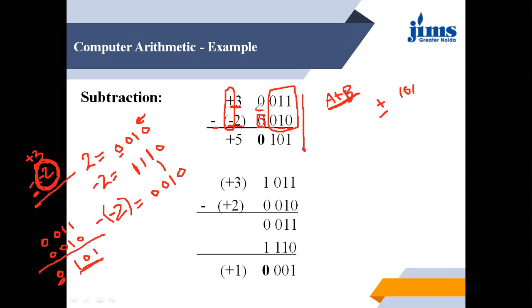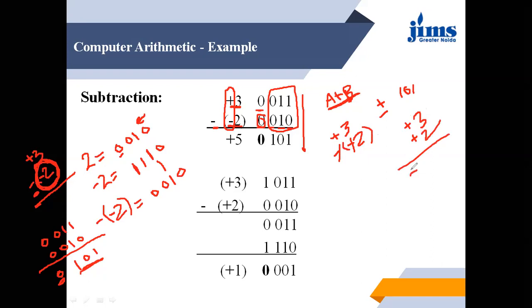From here also you can see that we are doing +3 minus -2, and we know that minus minus becomes plus. So the minuses cancel each other. So we have to do +3 plus 2, which means we have to add these two numbers. So this is +5.